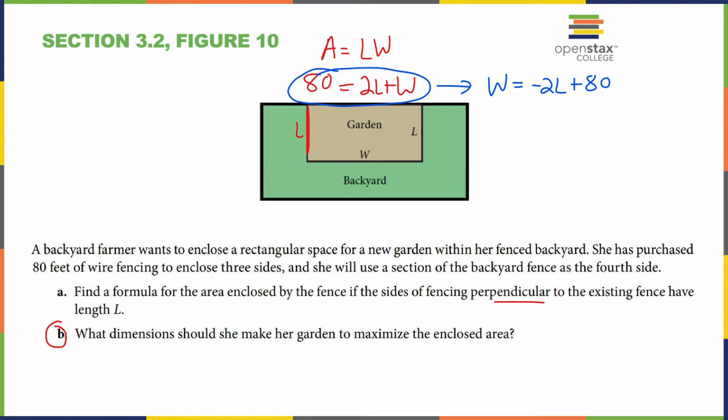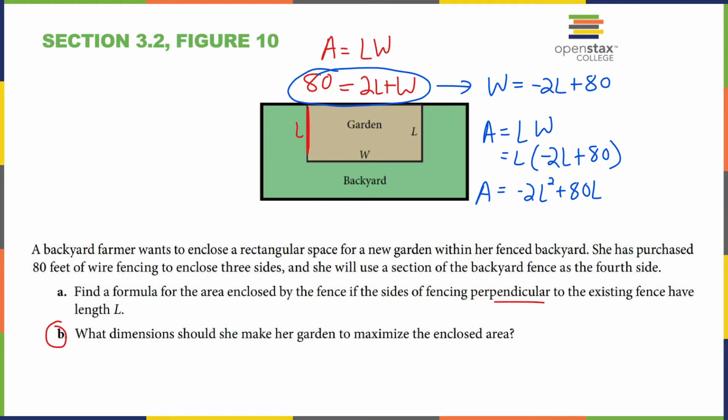By solving for W, I can then substitute that into my area formula. So area equals length times width is now area equals length times negative 2L plus 80. I can distribute my L, which is negative 2L squared plus 80L. And now my area is a quadratic function.